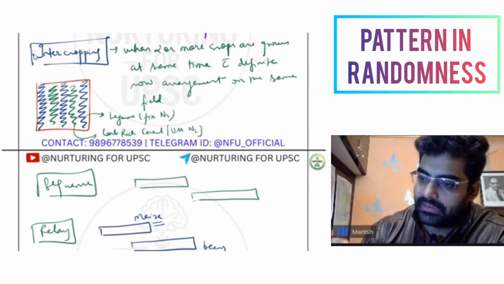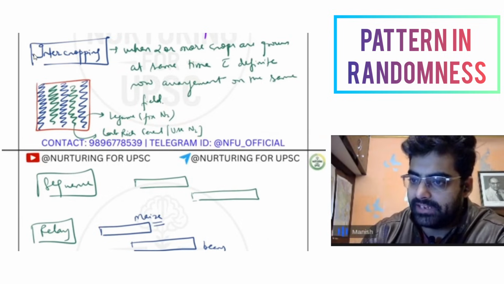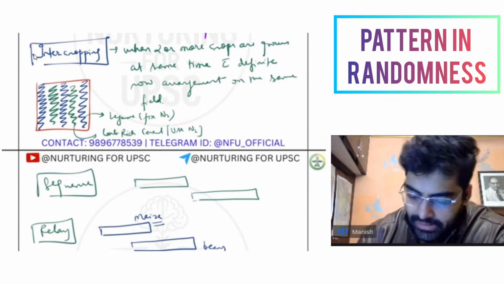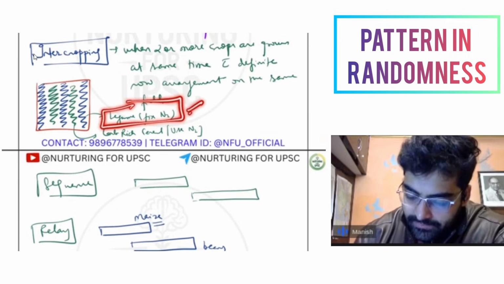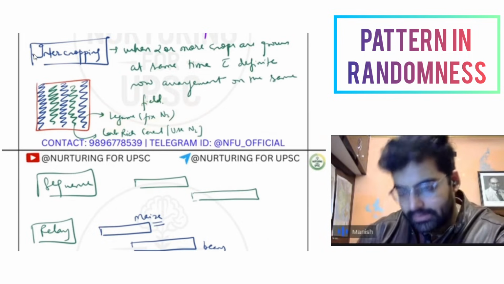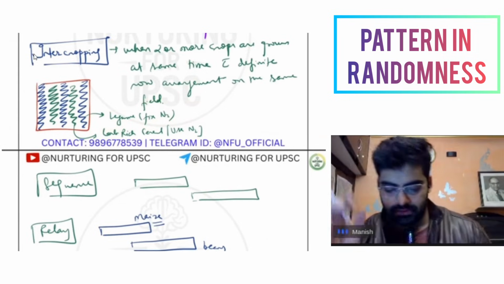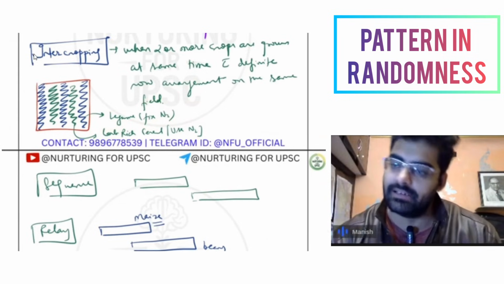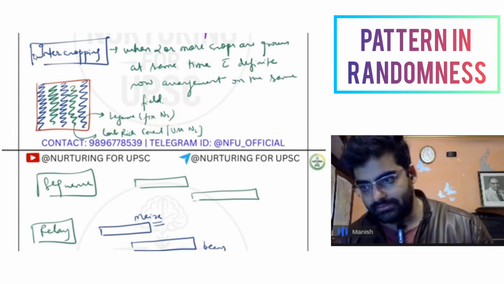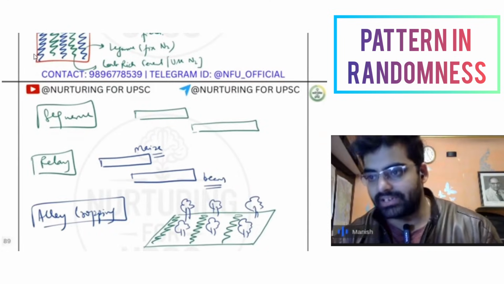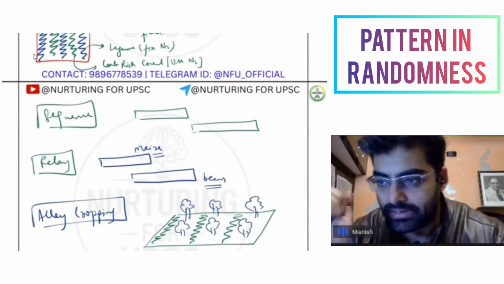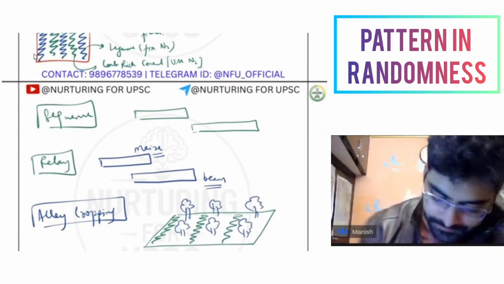So to refill that nitrogen, to maintain the fertility of the soil, I will plant a legume that will actually fix nitrogen. In later slides, we will learn how nitrogen gets fixed. The nitrogen cycle as a whole concept I will teach in environment, but here we will look at biofertilizer, which is a concept, a topic, and see what it involves, right?